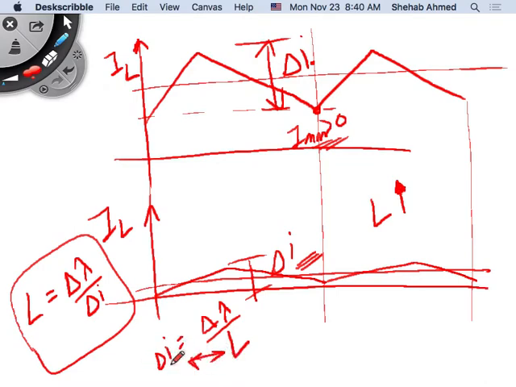So they are inversely proportional, right? If you want delta I to be very small for the same switching frequency, you will end up with a huge inductor. The other alternative is to increase switching frequency, because then this delta lambda will be small.